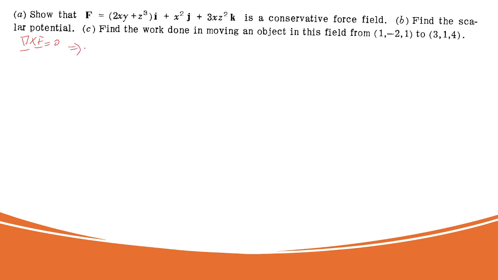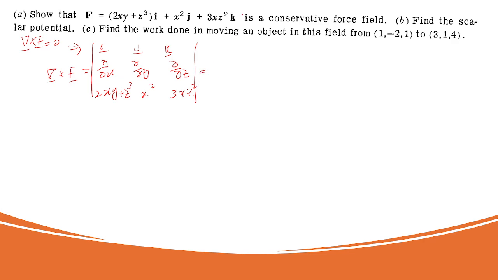So that implies the determinant with i, j and k, partial x, partial y and partial z, and 2xy plus z cube, x square and 3xz square. So this is the curl of F.